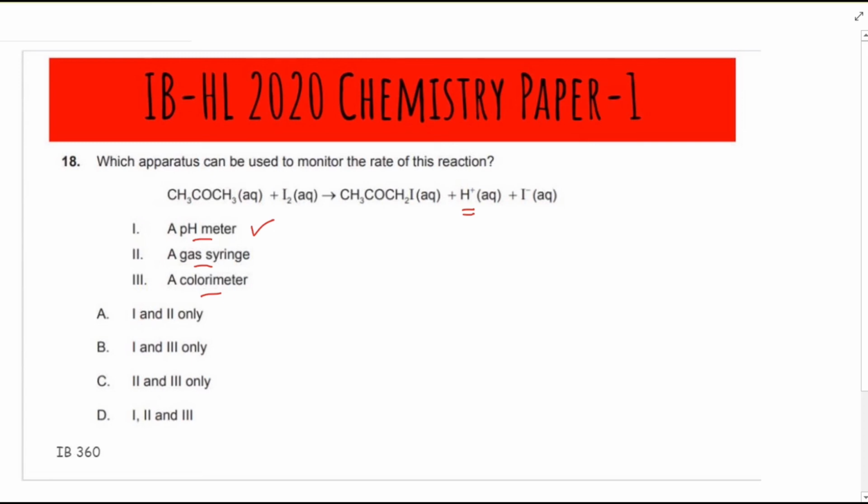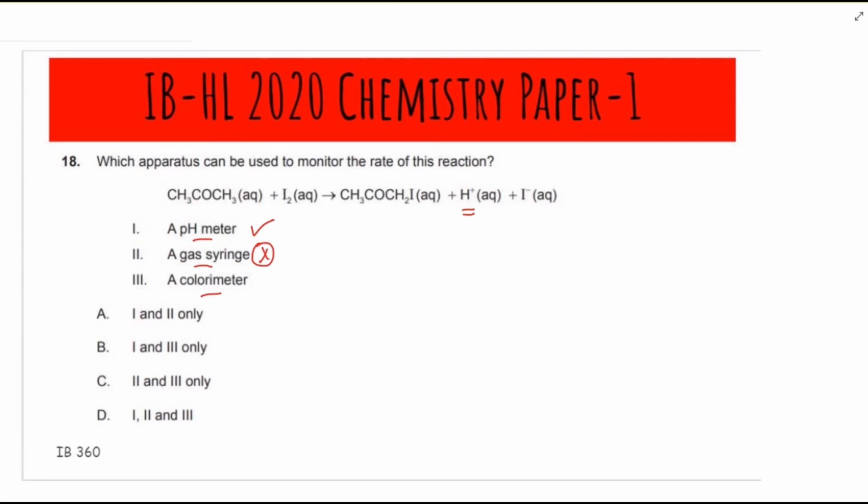Second option is gas syringe. Now a gas syringe is basically used whenever you have gaseous reactants or products. In this case, we just have aqueous reactants and products, so a gas syringe cannot be used. Last is colorimeter. A colorimeter is an instrument which measures the wavelengths of light that have been absorbed by the solution.